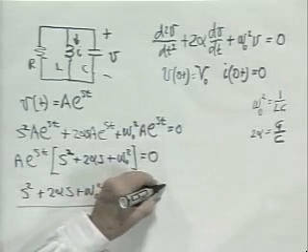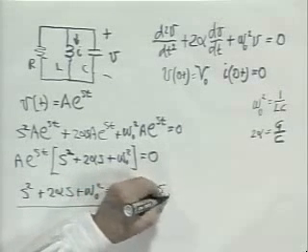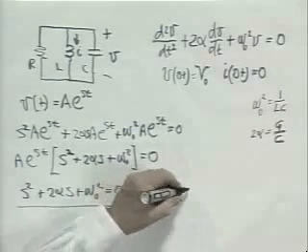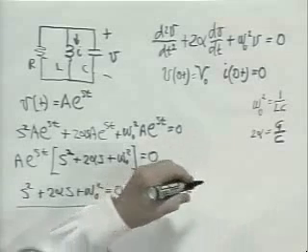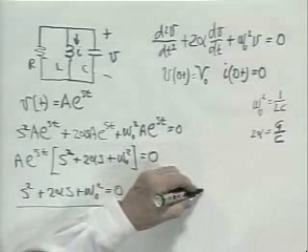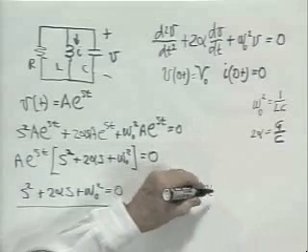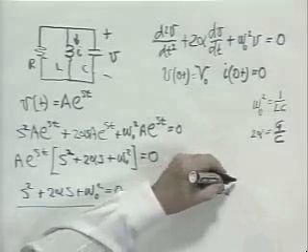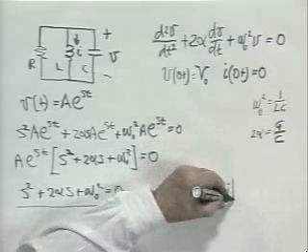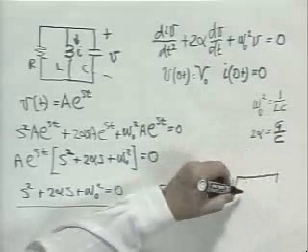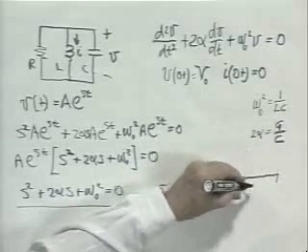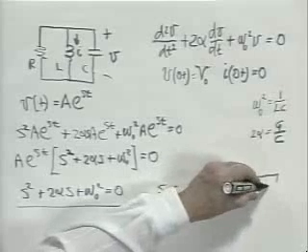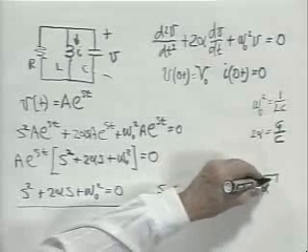Those roots are of the form s1, s2, there's two of them of course, s1, s2 equals minus alpha plus or minus j, square root of minus 1, times the square root of omega naught squared minus alpha squared.